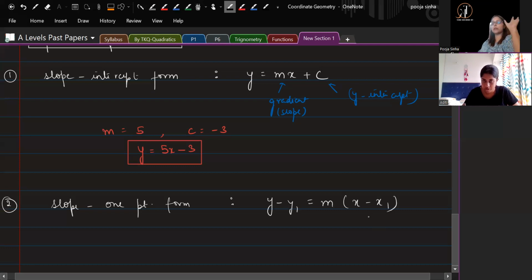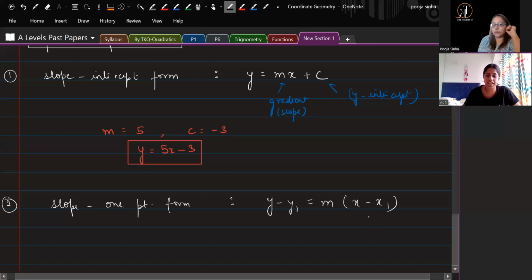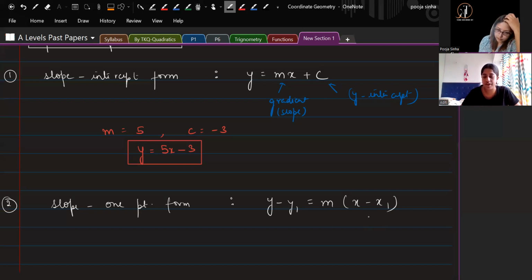Here I don't know the intercept, so in that case I'm going to use this formula. This is basically for getting C, where y minus y1 and x minus x1 are the differences in coordinates for points on the line, multiplied by the gradient.